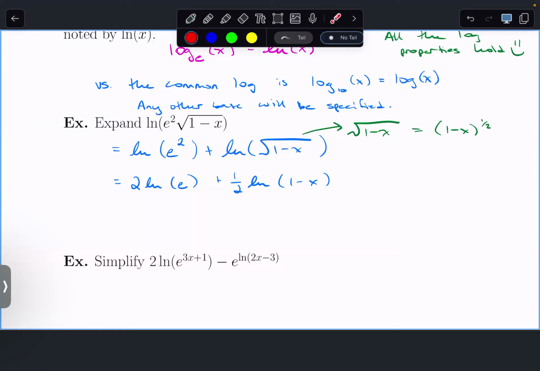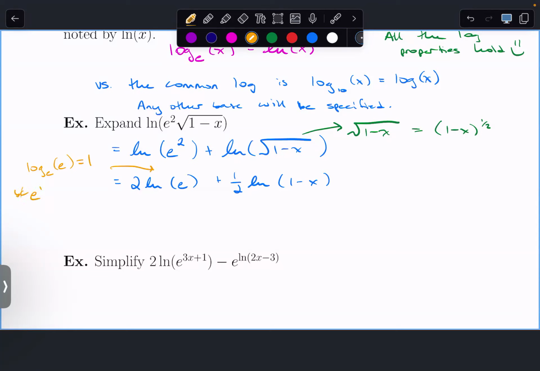Now, the last thing I can simplify here is this is log base e of e, which is equal to 1.